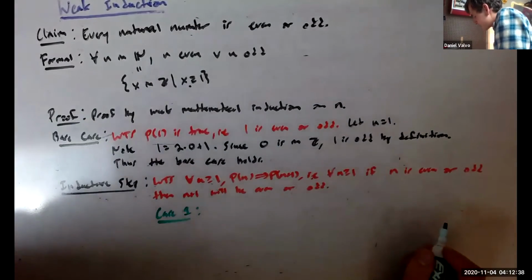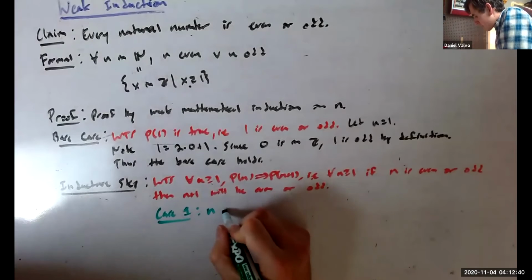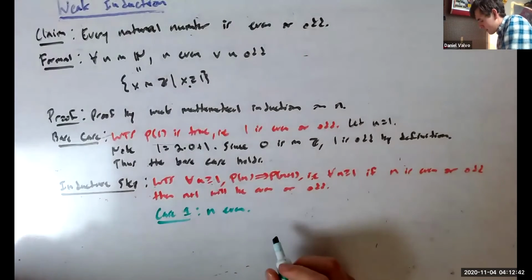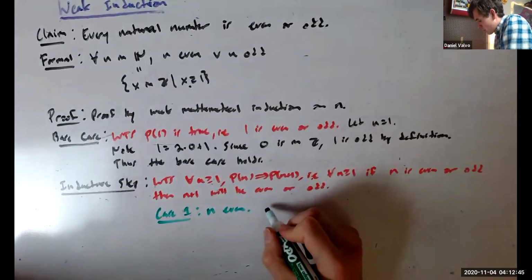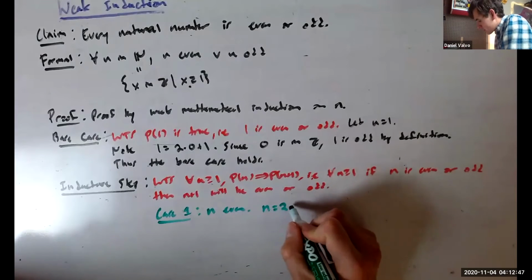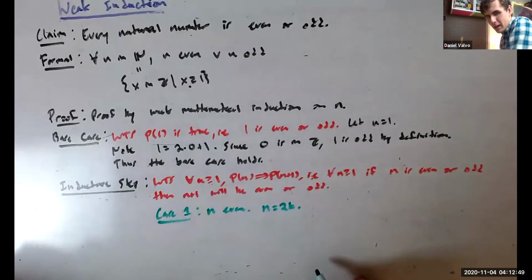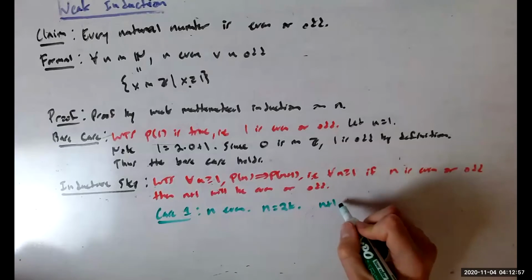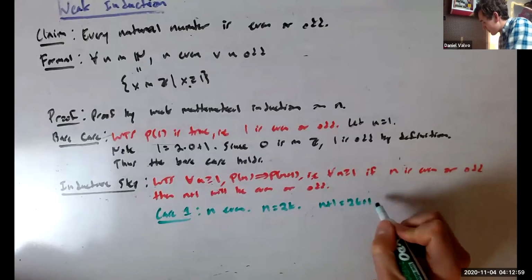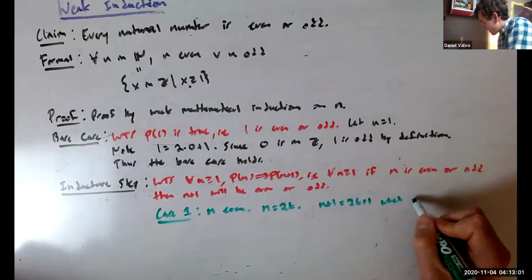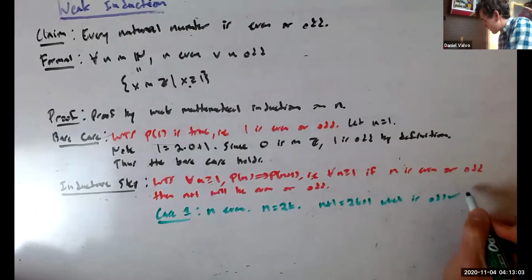So case one, if we have n even, well then n is going to equal 2k, right? So what do we know about n plus 1? It's odd. Yeah, then n plus 1 is going to equal 2k plus 1, which is odd.